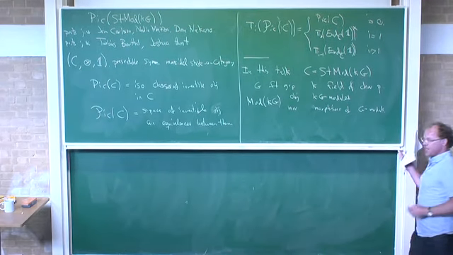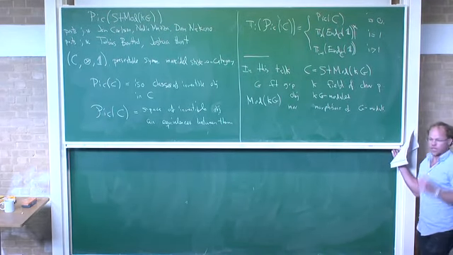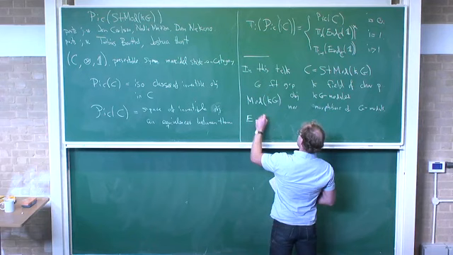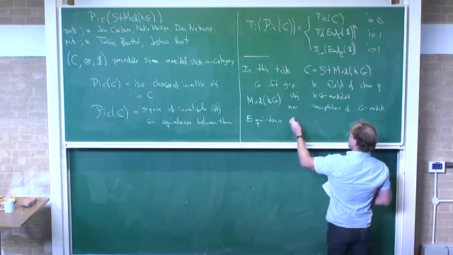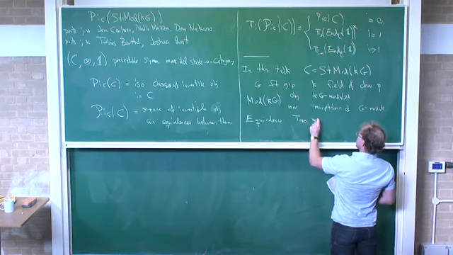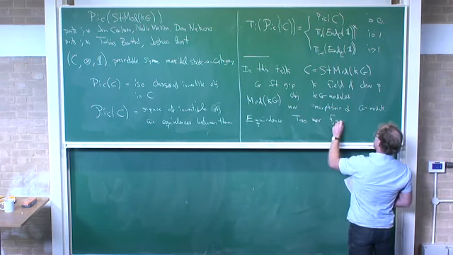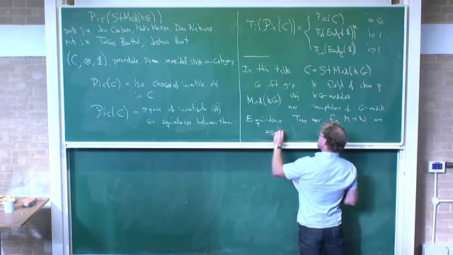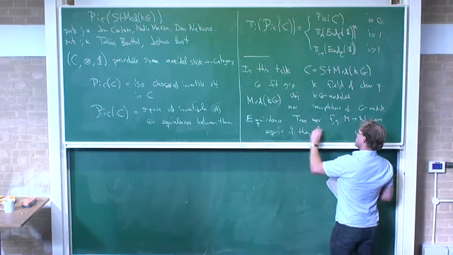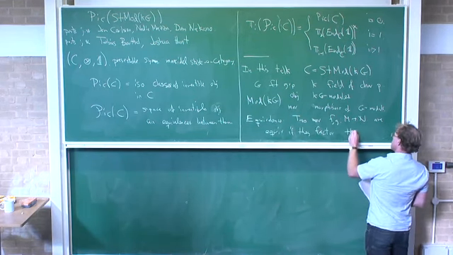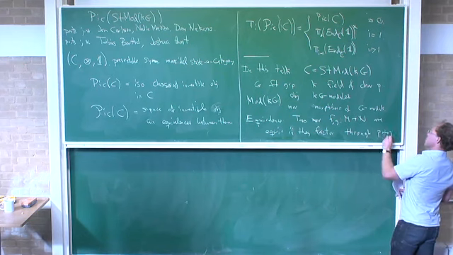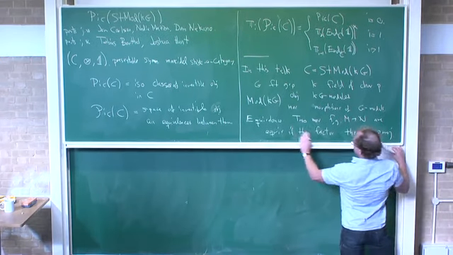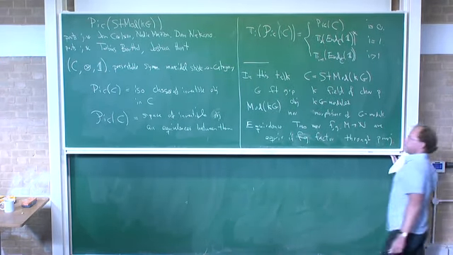But we could also say that two of these morphisms are equivalent if they factor through a projective. So we have a notion of equivalence, where we say that two morphisms from M to N are equivalent if their difference factors through a projective.